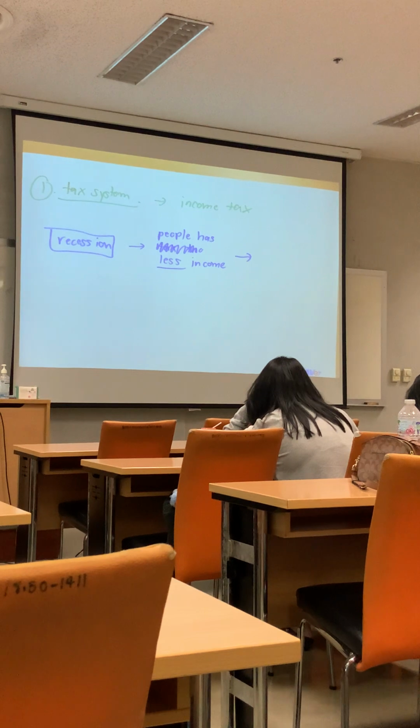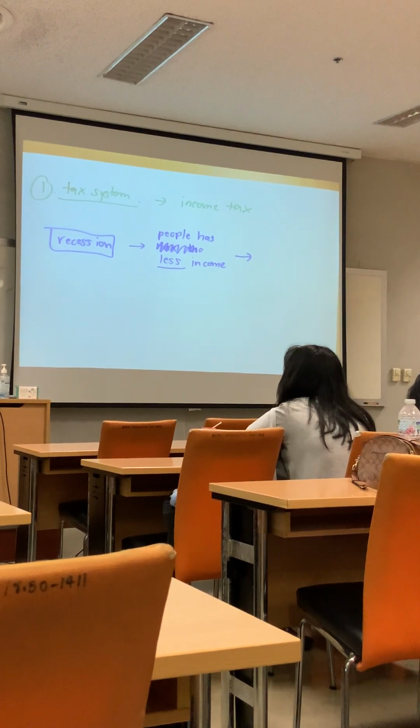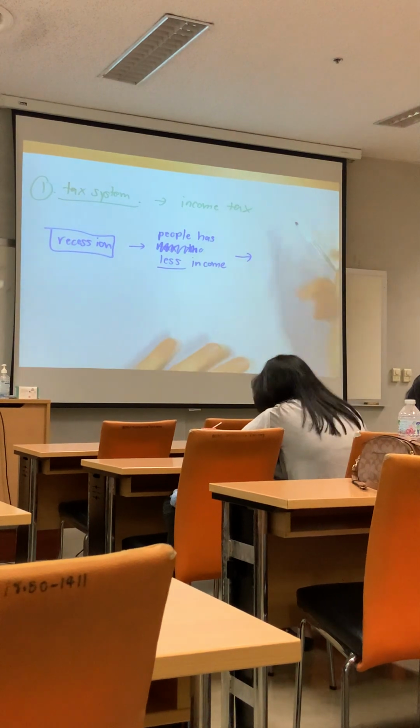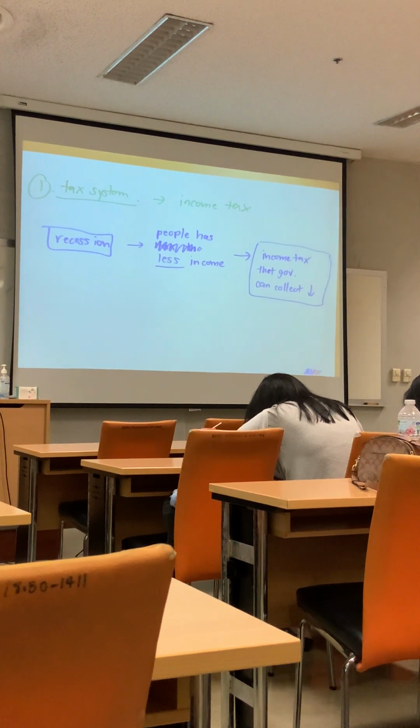When people have less income, the income tax that government can collect from people will automatically reduce. So everything happens automatically.